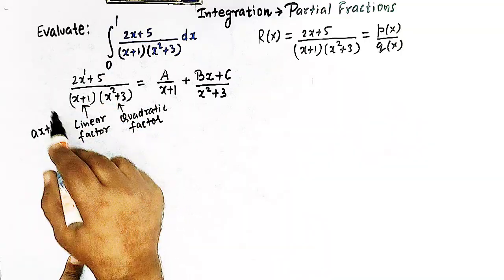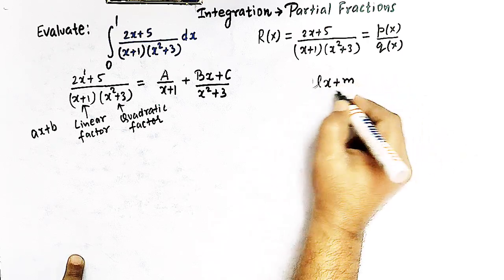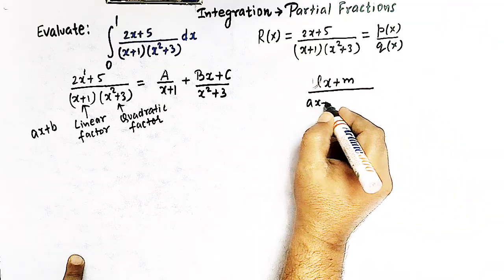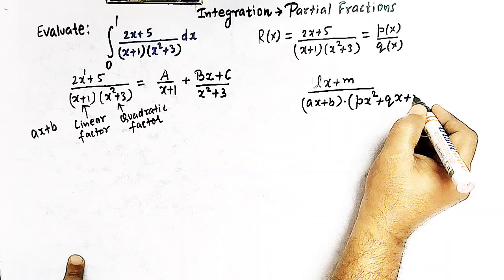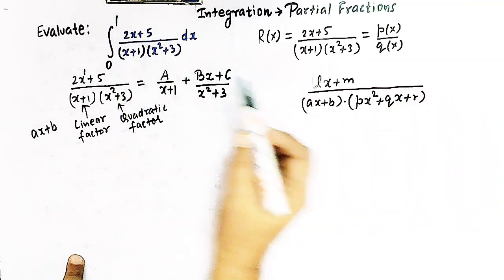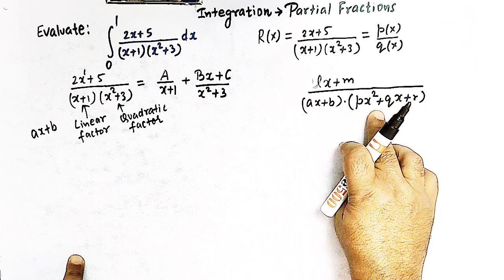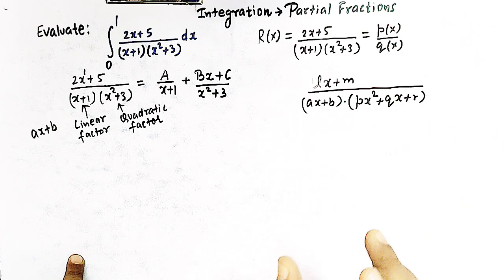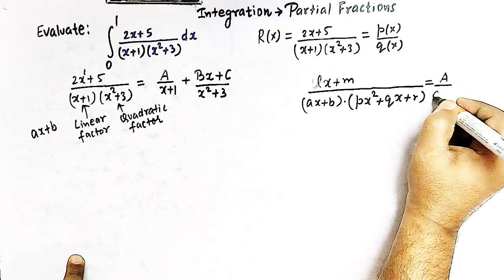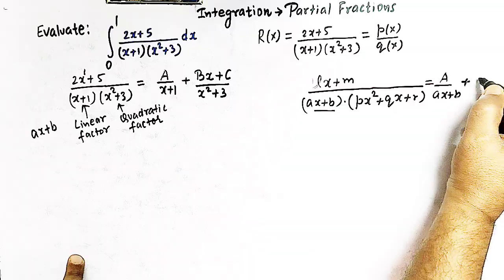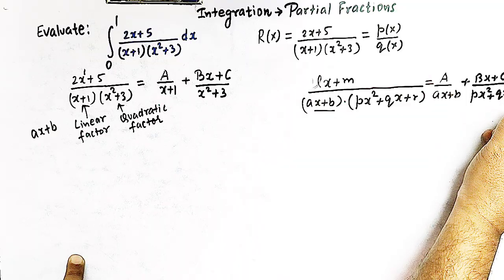So whenever we have a rational function of the type lx plus m divided by ax plus b times px square plus qx plus r, where the numerator is a linear factor and the denominator is a product of a linear factor and a quadratic factor that cannot be resolved into real linear factors, then the partial fractions can be written as a over ax plus b plus bx plus c divided by px square plus qx plus r, right?